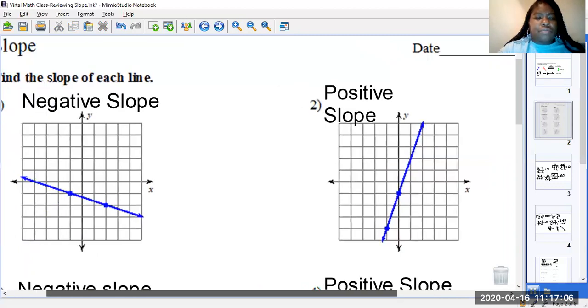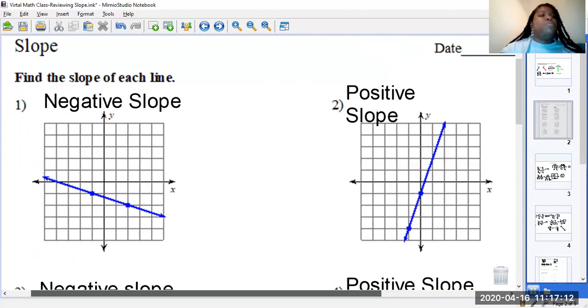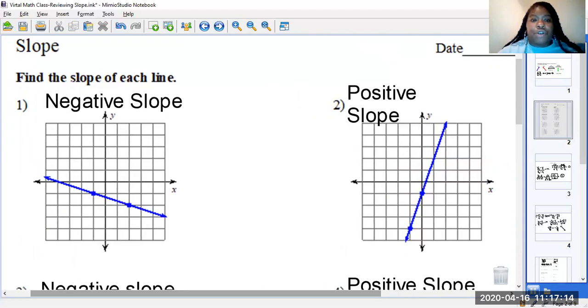All right, so this is what we did yesterday. We just identified the types of slope, and this is what I was referring to when I was talking about quadrants. Quadrants are simply parts of the coordinate plane. And because there are 4 parts, that's why they're called quadrants. Okay, and quadrants are counted counterclockwise.